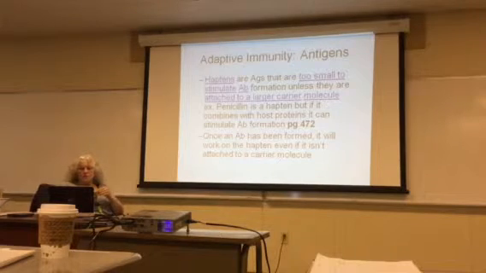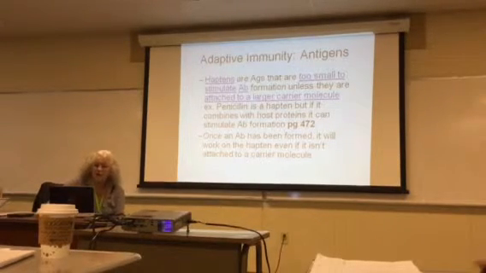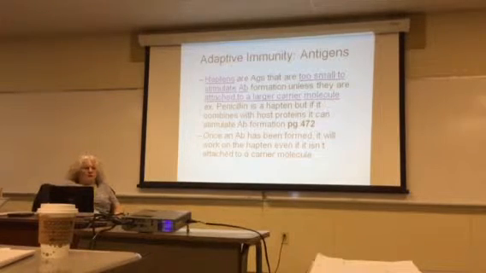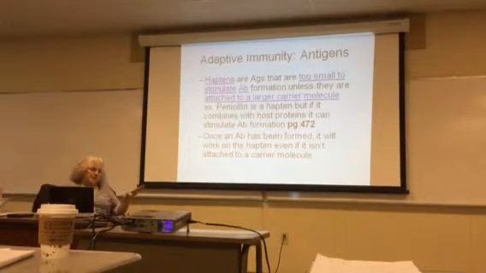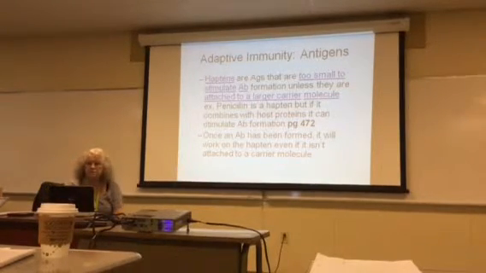Once that antibody has been formed, it will work against penicillin without that carrier molecule. But to get the body to recognize penicillin in the first place, that it's an antigen, it has to be attached to a carrier molecule.